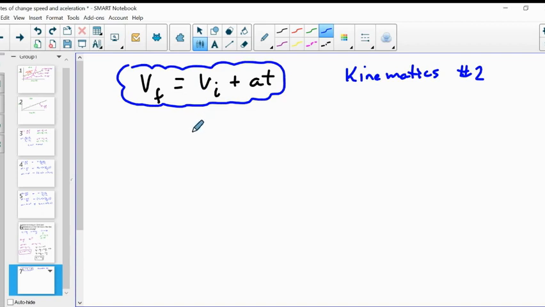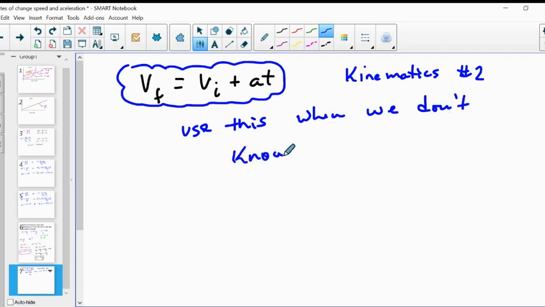But the secret here is that we use this when we don't know our distance or displacement.